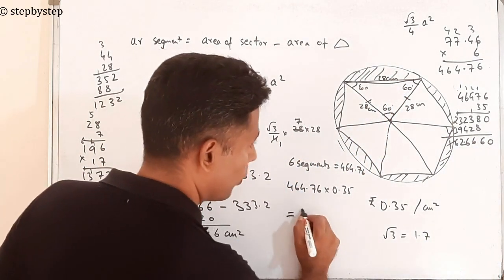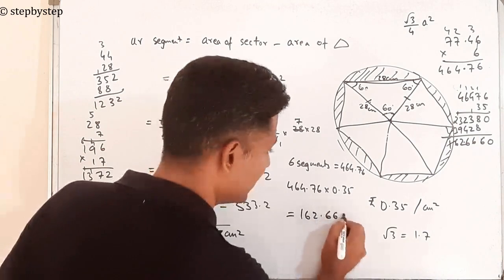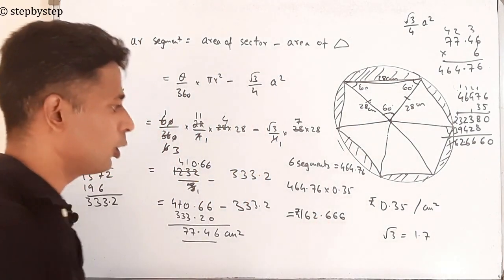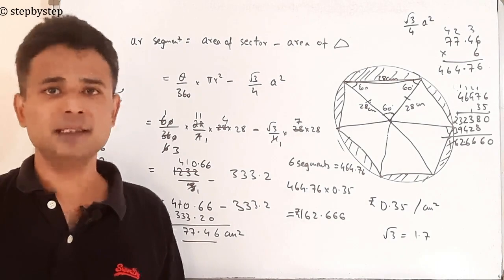So the answer is 162.666 rupees. So rupees 162.666.